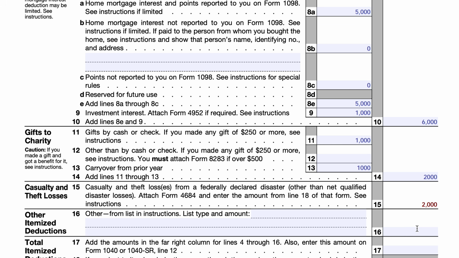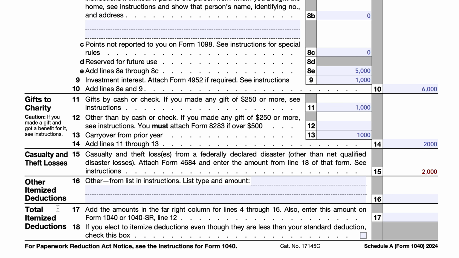There are a slew of miscellaneous itemized deductions that are not available through the 2025 tax season. So under current law, unless a new law is passed to change or restore those deductions, then starting in 2026, you're going to see a lot of new itemized deductions that were previously allowed come back onto Schedule A. And then in line 17, we're going to add all of these items.